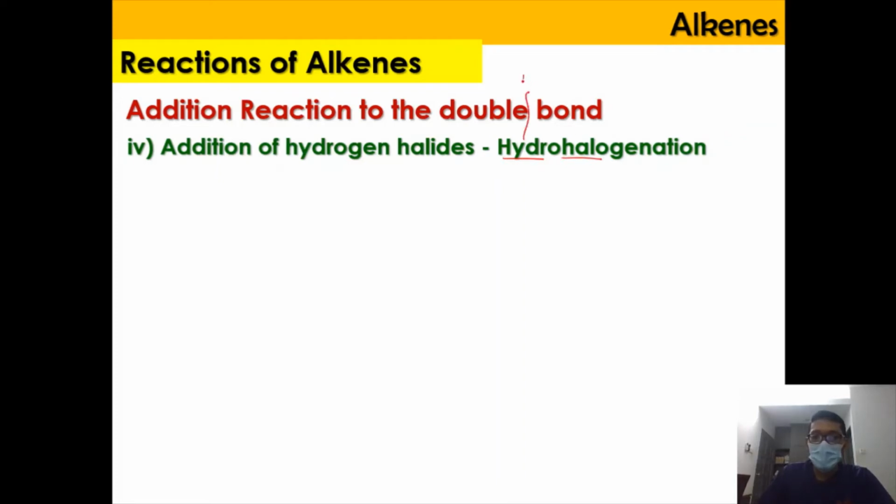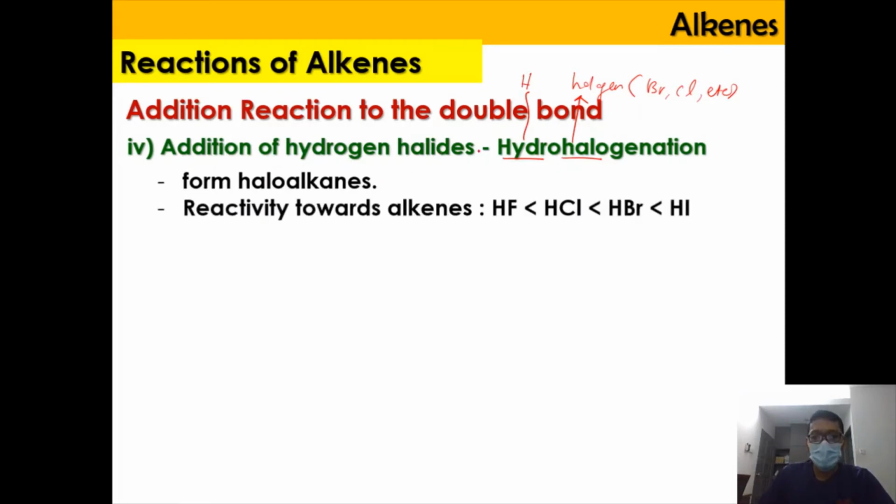This means that we are adding hydrogen and we are also adding a halogen, which can be bromine, chlorine, etc. The addition of an alkene with a hydrogen halide forms a haloalkane, and the reactivity of alkene towards the hydrogen halides will be best with hydrogen iodide because the hydrogen iodide bond is the weakest. So HI is more reactive.